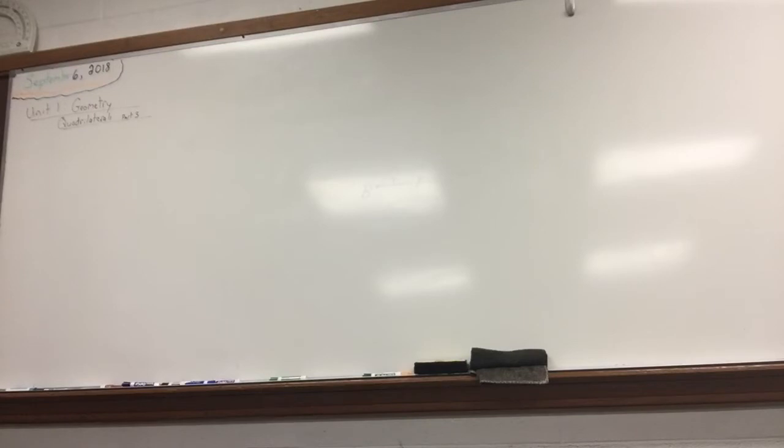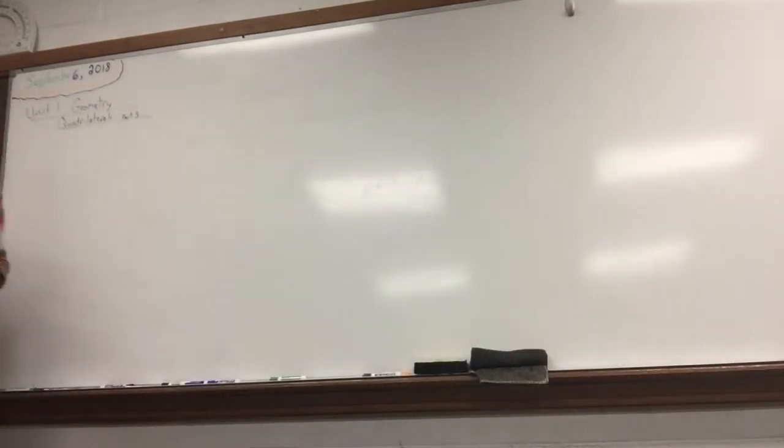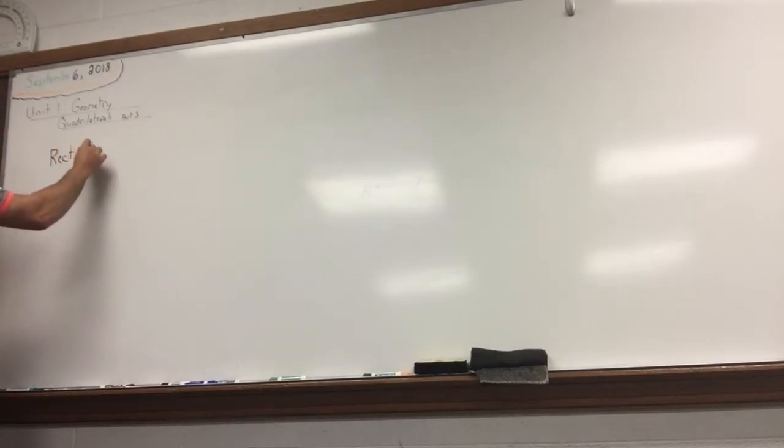Everything that we know about a quadrilateral, everything that we know about a parallelogram still holds true for a rectangle and for a rhombus. So we're going to learn 3 words today. Not learn, but define them. The first one that we're going to talk about is a rectangle.